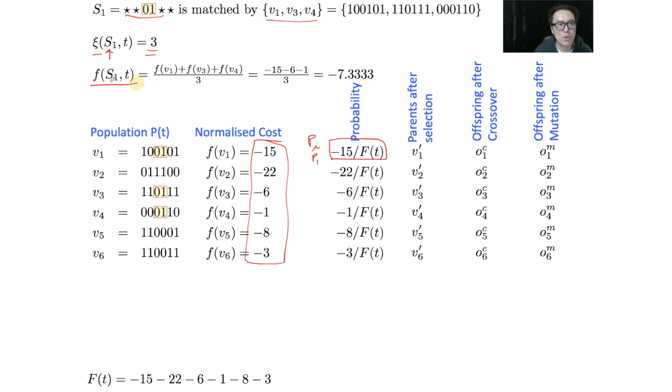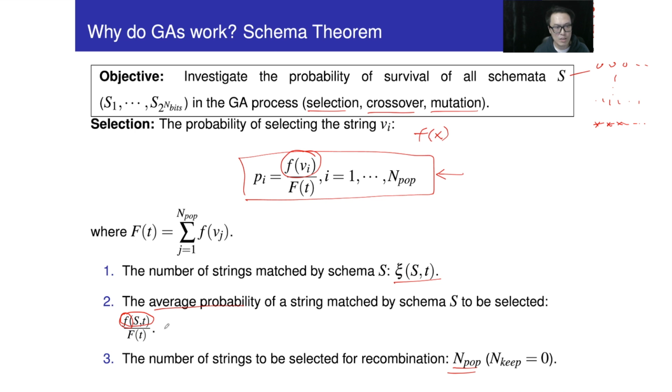The average cost of f for the schema S1 at iteration T is the equation we encountered before, that is minus 7.3333. Okay, now we are going to look at the meaning of this expression, this one.